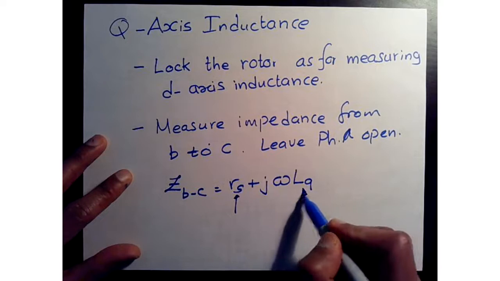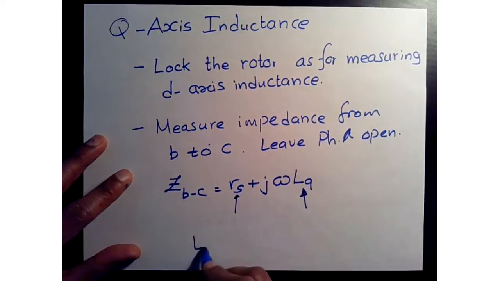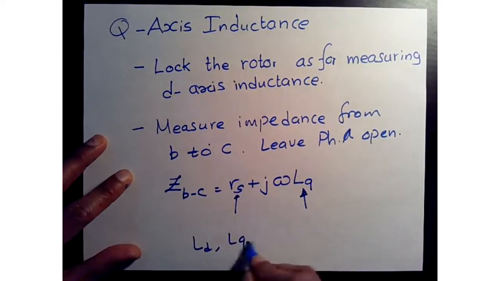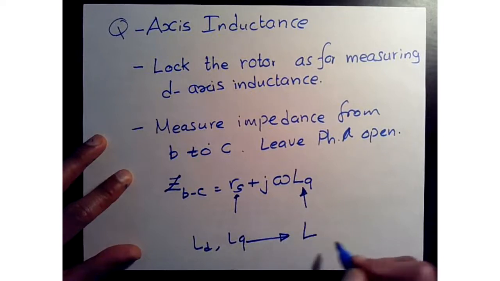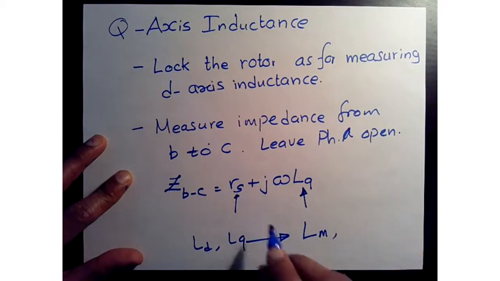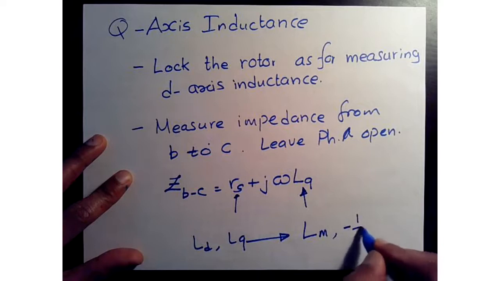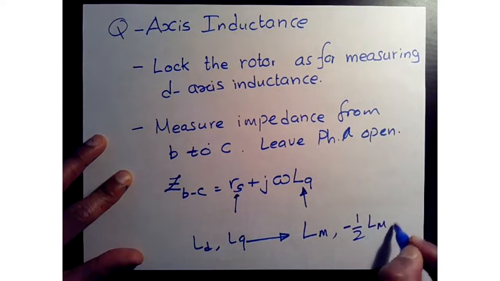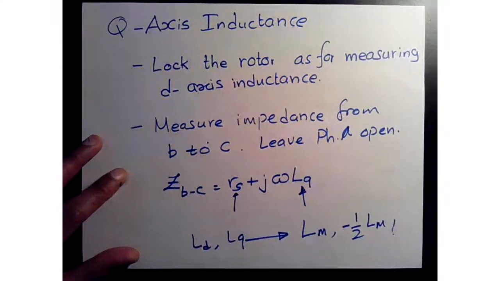This is the Q-axis inductance, and once we know LD and LQ, we know how to convert that to our LM, and then what was that? Self-inductance and mutual inductance, right? Half of LM, generally speaking.